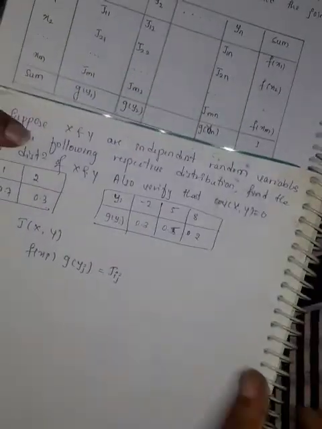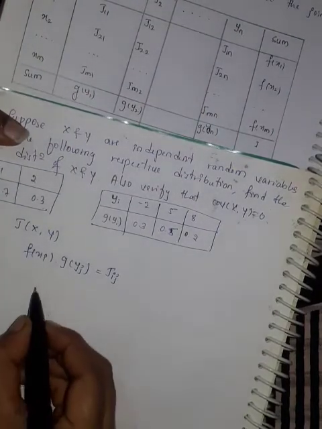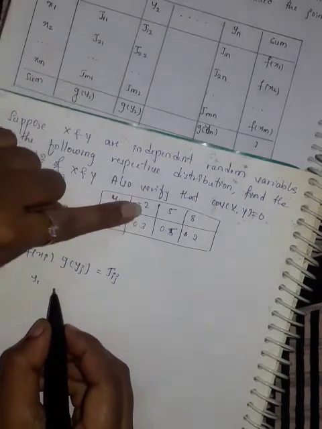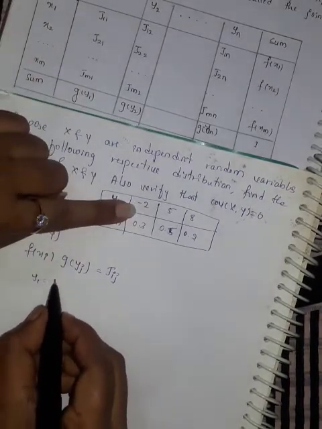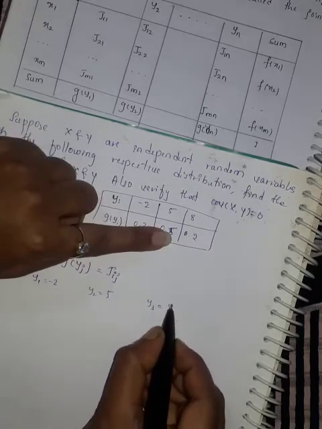So by using this we can form a general table. Here y1 is -2, y2 is 5 and y3 is 8.